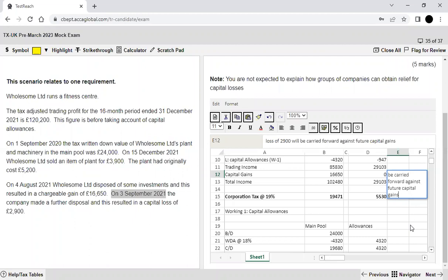Because in companies, losses can be carried forward, but they cannot be carried back.